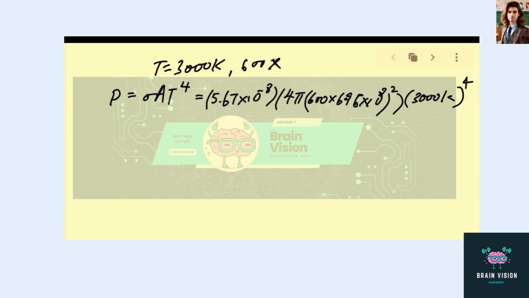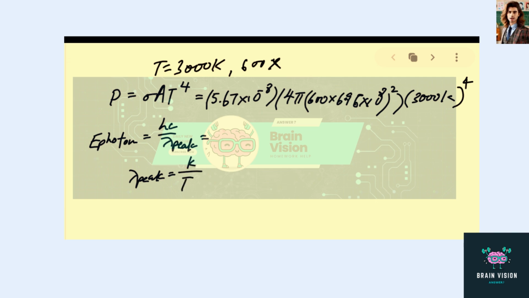What we need to find next is the energy of each photon. This equals hc over lambda. And for lambda, we can find the peak wavelength based on Wien's displacement law. Wien's displacement law basically states that the peak wavelength equals some constant divided by the temperature.